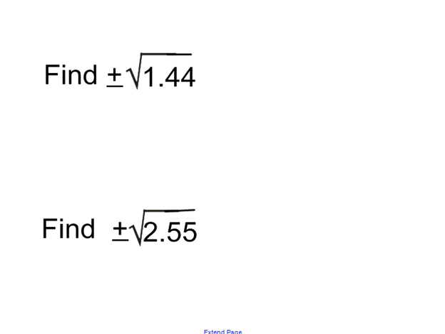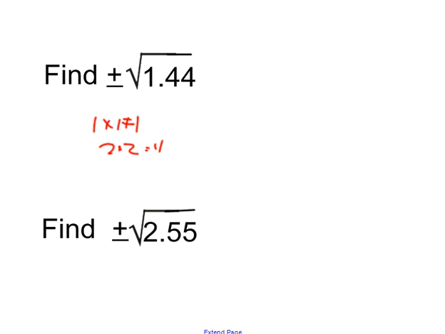We're asked to find the square root of 1.44. As I start to work on this, it's going to be something greater than 1, because 1 times 1 is equal to 1. 2 times 2 is equal to 4, so it's going to be closer to 1 than it is to 2. It's going to be a decimal number.